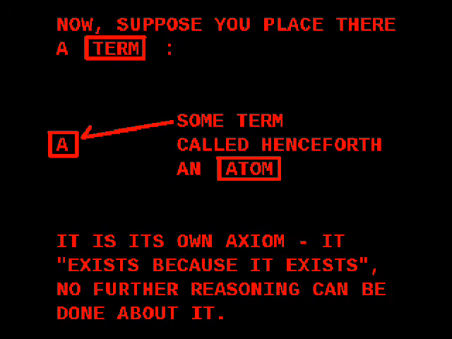To make things a little more interesting, let us now place a term, the term A, into this thought space. This term shall henceforth be referred to as an atom, to make clear that it is an axiom, it is inseparable. We don't care what it consists out of.